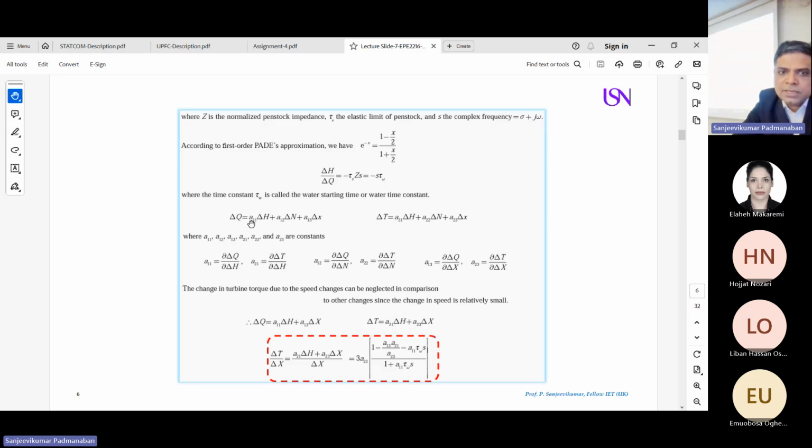You can reduce this delta Q equation into A11 into delta H plus A13 into delta X. Similarly, delta T can be reduced to A21 into delta H plus A23 into delta X. Now you can find the ratio between delta T and delta X, which is given by this equation. So you need to know only this equation in order to model your hydro power plant systems.